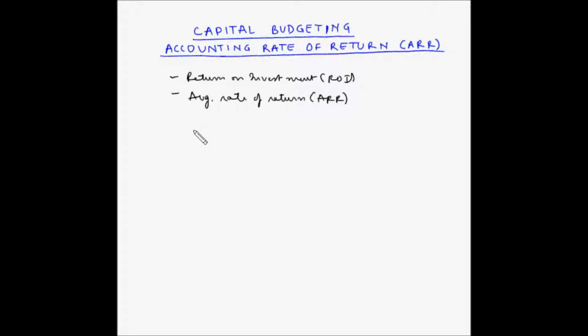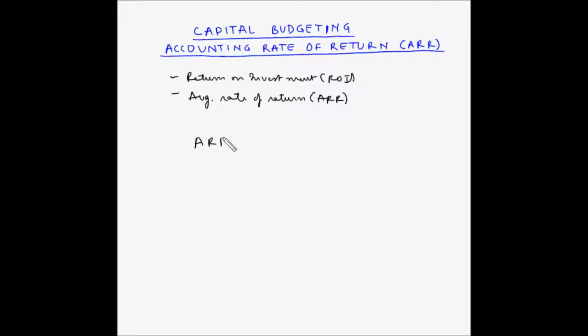So the accounting rate of return is the ratio of the average after-tax income divided by the average investment.